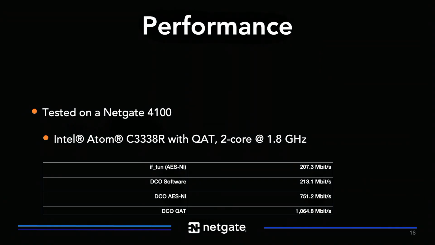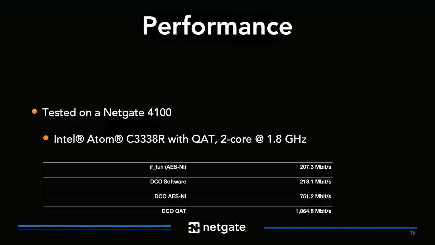So it's actually kind of an unfair comparison, because the user space implementation does use AES-NI. So we're comparing an accelerated user space to a non-accelerated DCO, and DCO is still faster. Not much, but it is faster. If we do a fair comparison, where DCO also uses AES-NI, we see that it is more than 3 times faster than the user space approach.